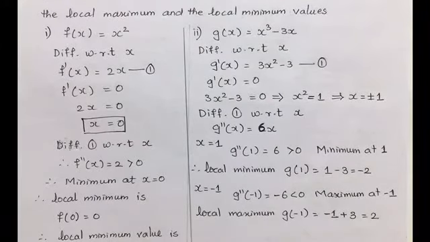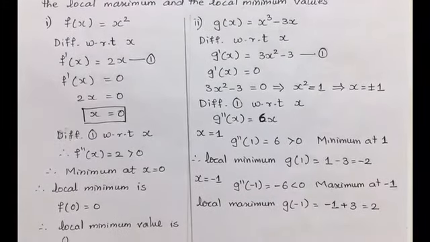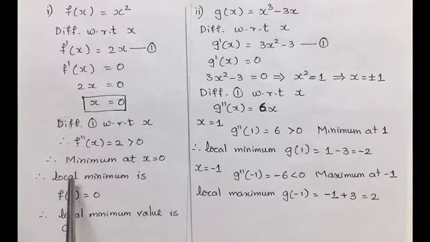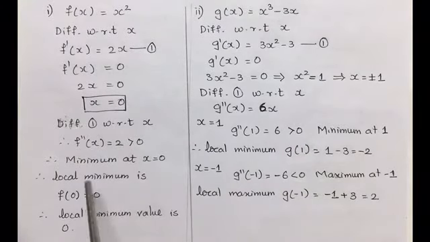So keeping the value of x equal to 0 in the function, we get local minimum as f of 0. The function is x square, so 0 square will make it 0, so the value of local minimum is also 0. So this is how to calculate the local minimum.